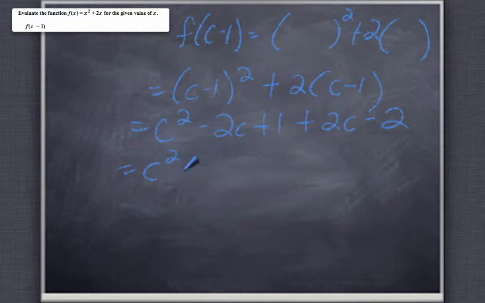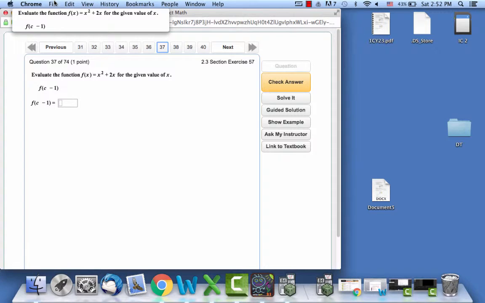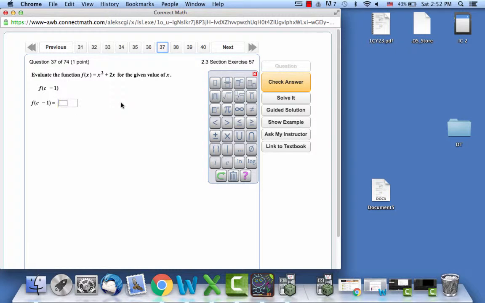Plus 1 minus 2 is minus 1. So c squared minus 1.